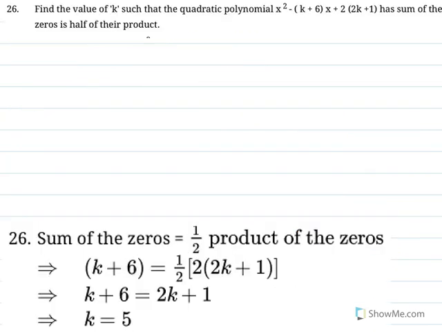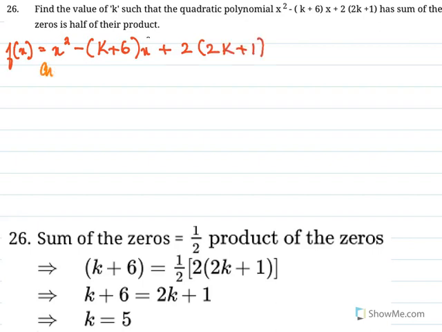Find the value of k such that the quadratic has the sum of the zeros half the product. So here our quadratic is f of x, we can call it p of x, x square minus (k plus 6) x plus 2(2k plus 1).